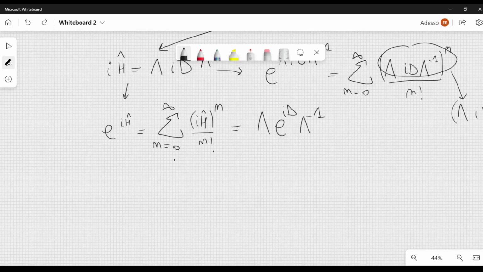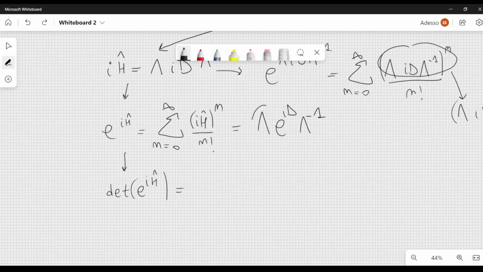So at the end of the day, when you make the summation, you get this. Therefore, if you take the determinant of e to the iH, since the determinant of a product is the product of determinants, you have the determinant of lambda times the determinant of e to the iD times the determinant of lambda inverse.